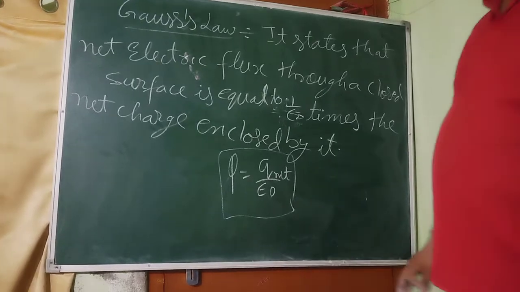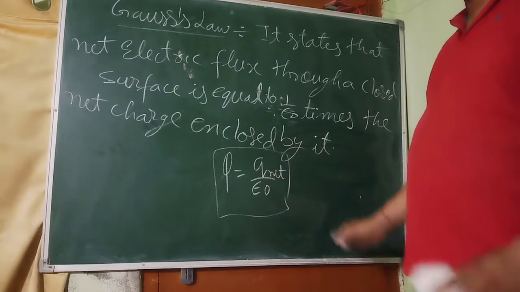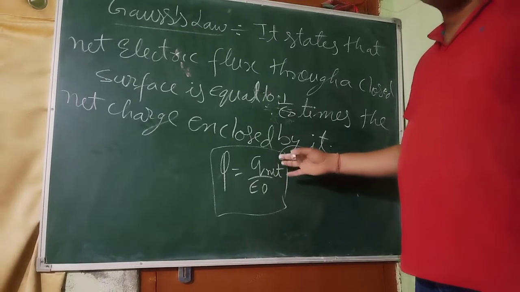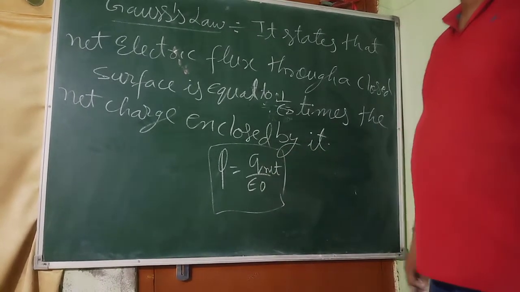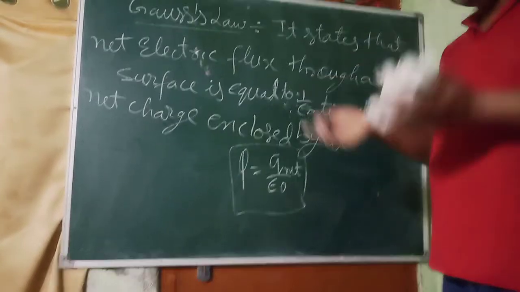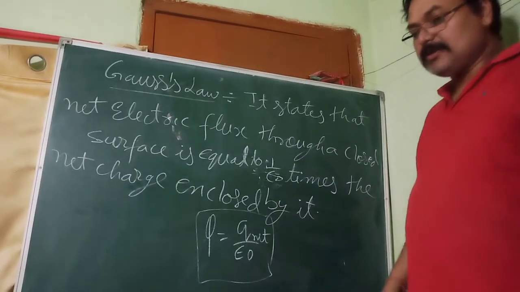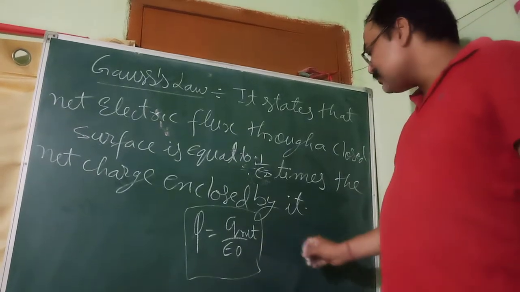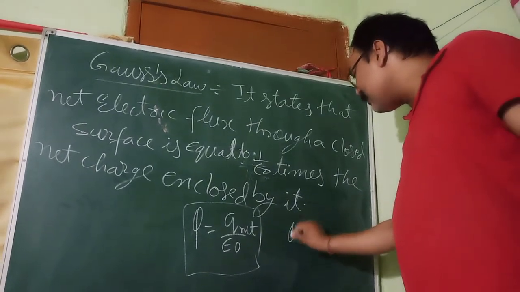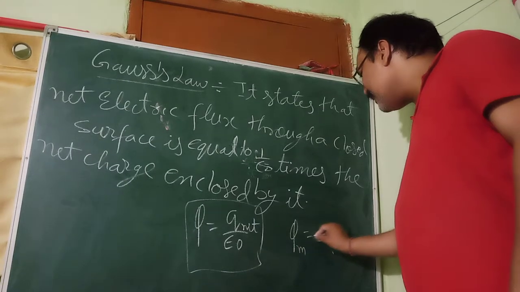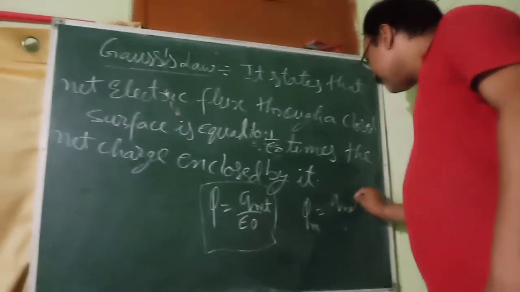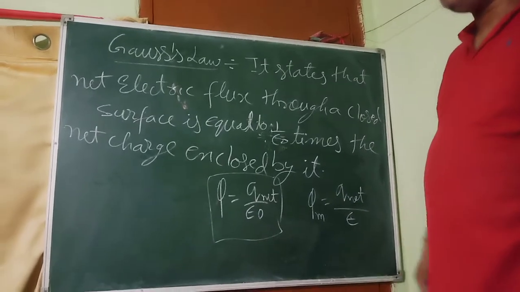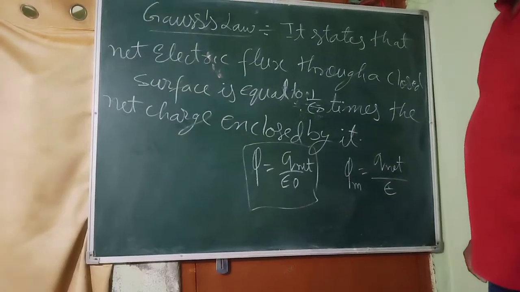So according to Gauss, the net electric flux through a closed surface is equal to the net charge enclosed by that surface upon epsilon naught, provided the space inside the closed surface is free space. If it has some other medium, then you have q net upon epsilon, the permittivity of that medium.